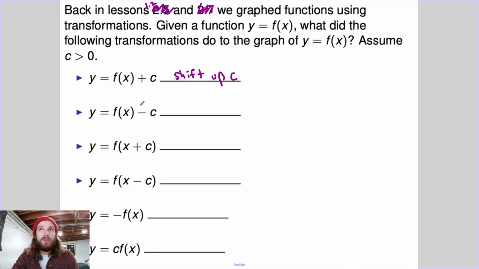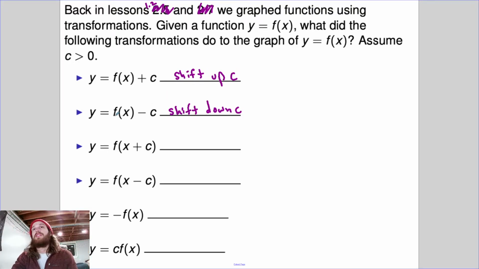Anytime we subtracted something, as long as c was positive, we would shift it down c. Right? So assuming c is greater than 0, adding c shifts the whole graph up c.